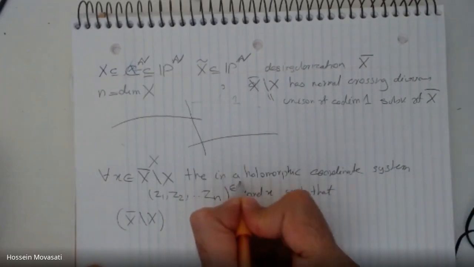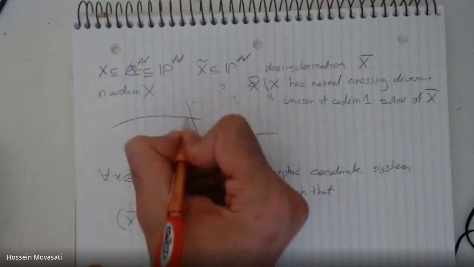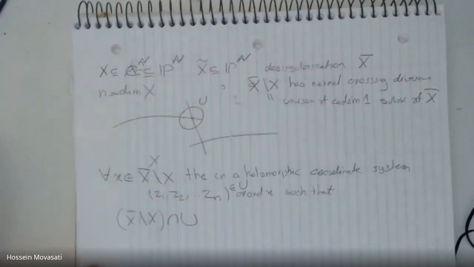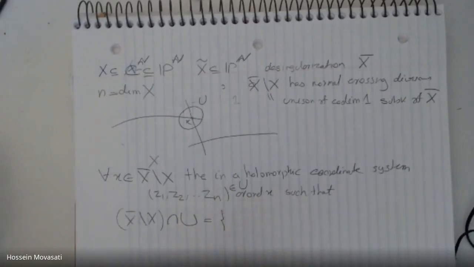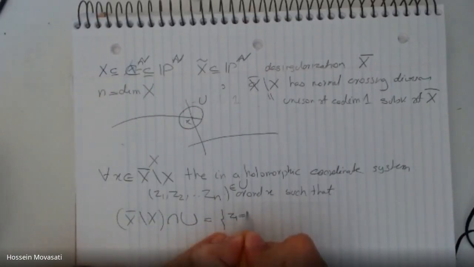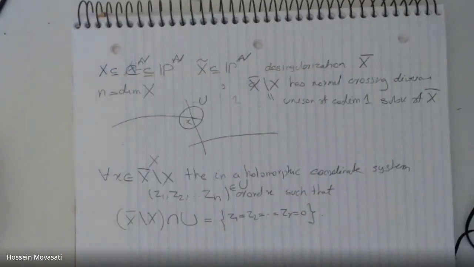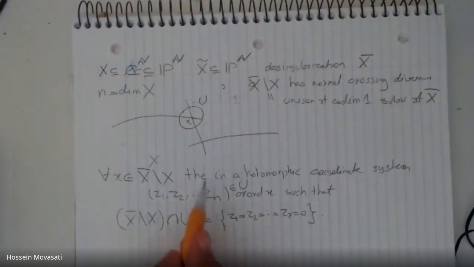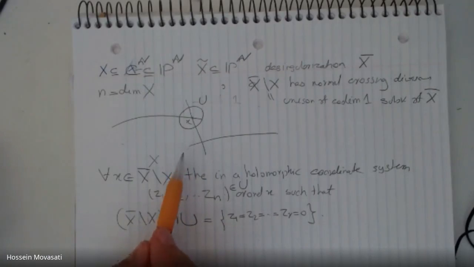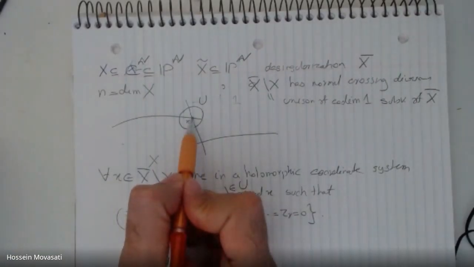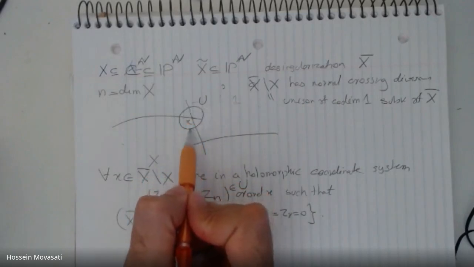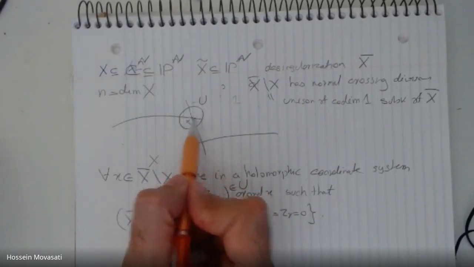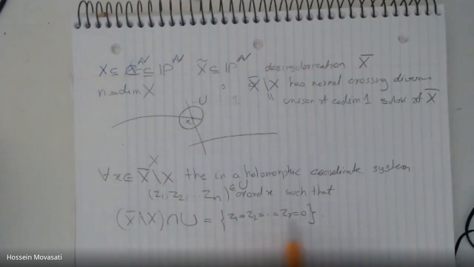Let's get a small neighborhood, let's call it U. In this U, I have my divisor, such that it is just a bunch of coordinates equal to 0: z1 equal to 0, z2 equal to 0, and so on, let's say zr equal to 0. Anyway, normal crossing divisor, from the complex manifold point of view, is very simple. For any point, you can have a coordinate system around this point such that the divisor is given by just a bunch of the coordinates equal to 0.